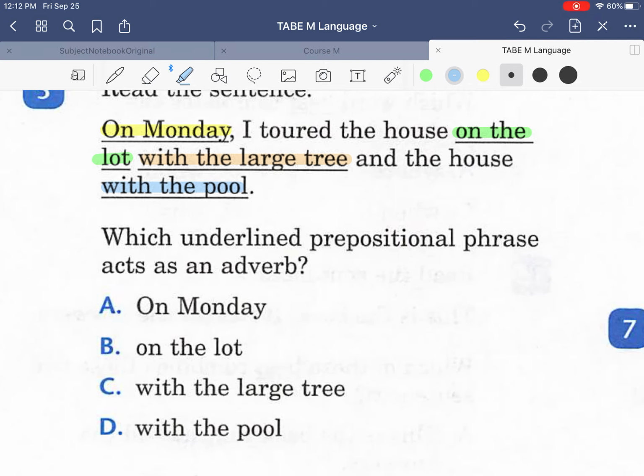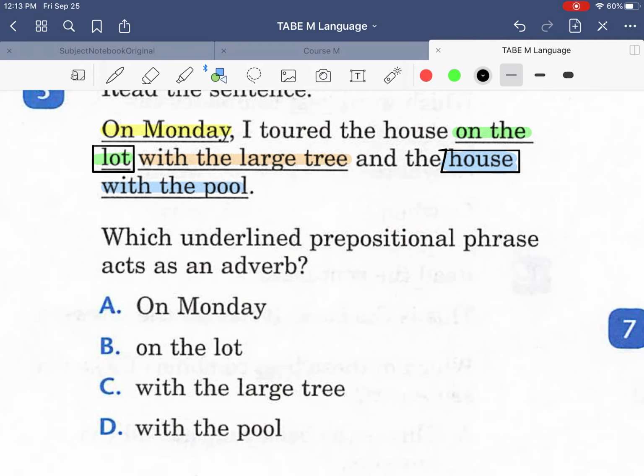With the pool is describing this house. Sorry, trying to keep it so you can actually read what I'm doing. This house goes with the pool. With the large tree describes the lot.